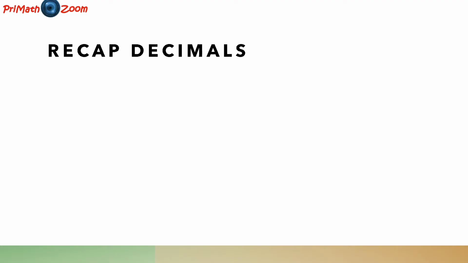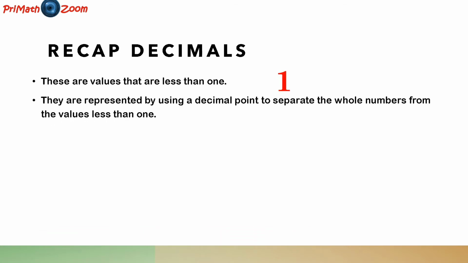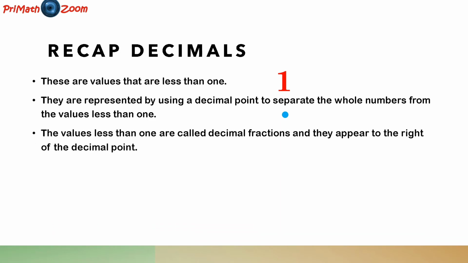Before we start, let's do a quick recap of decimals. So we know that these are values that are less than 1. They are represented by using a decimal point to separate the whole numbers from the values that are less than 1. The values less than 1 are called decimal fractions and they appear to the right of the decimal point.